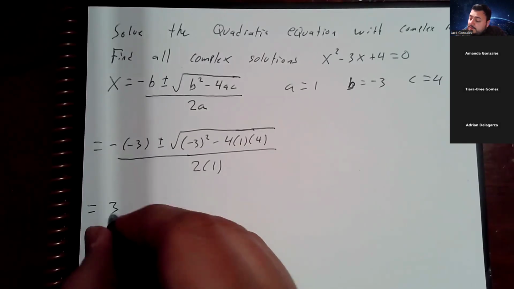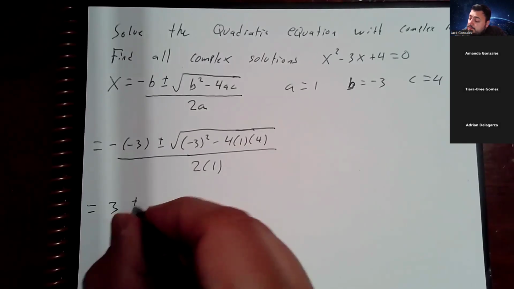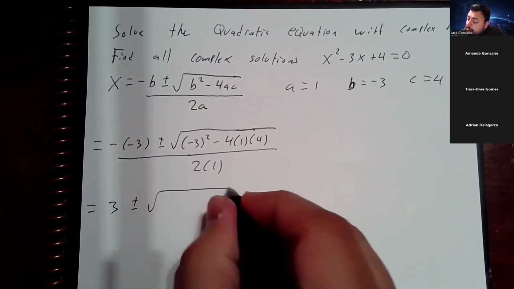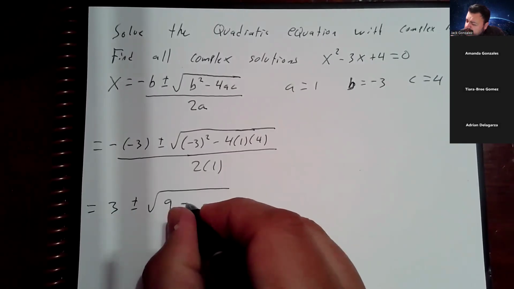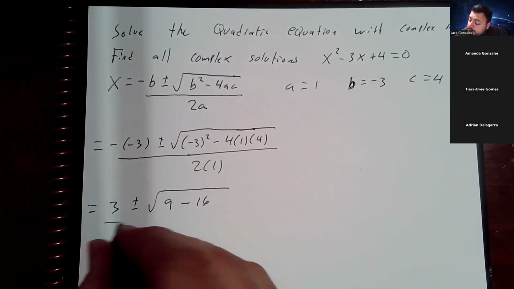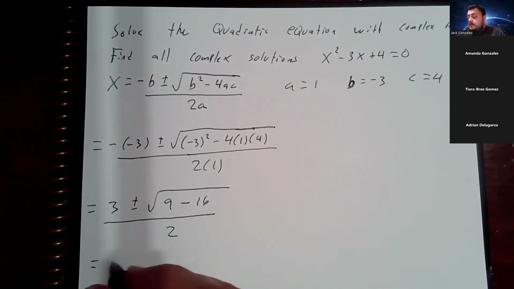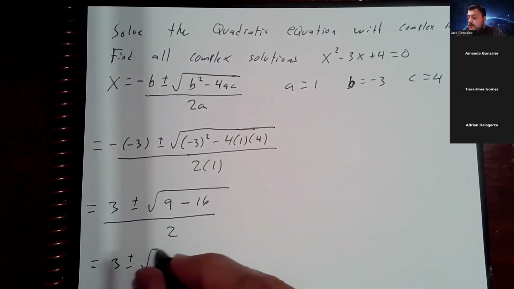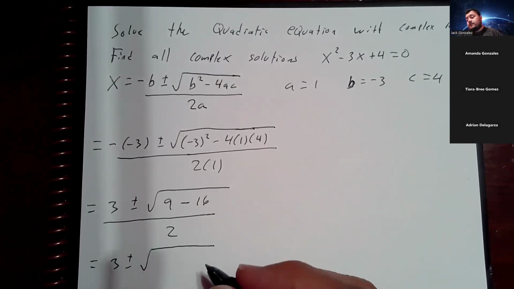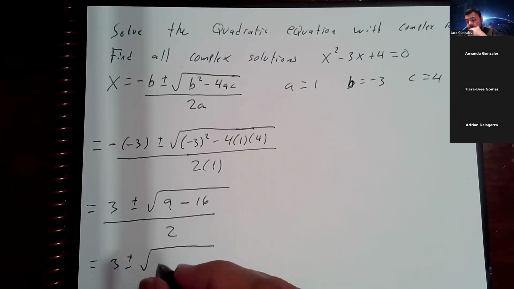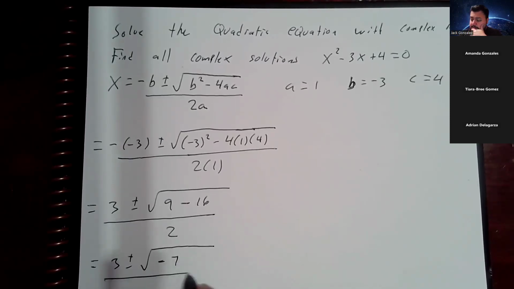That becomes positive 3 plus or minus square root of 9 minus 16. 9 minus 16 is what? Negative 7, right. Thanks.